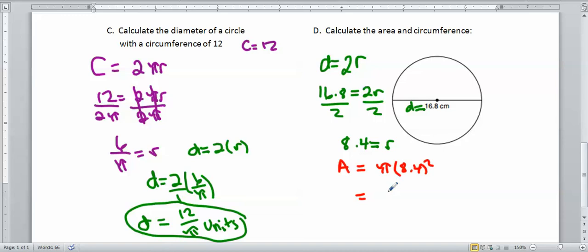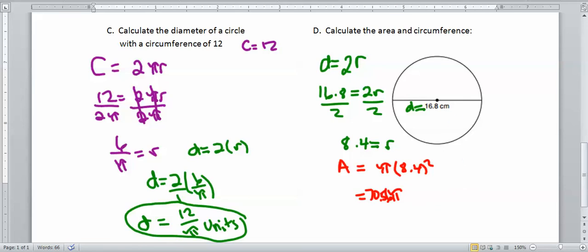Remember, we don't touch the pi, so keep it as pi. 8.4 squared is 70.56. I need to be exact, so I'm going to keep it the same, 70.56 pi.